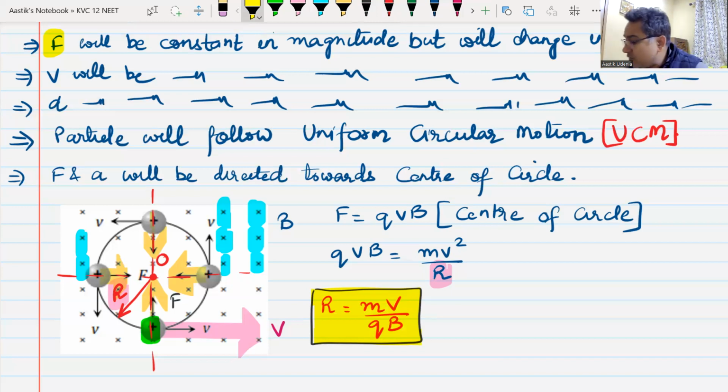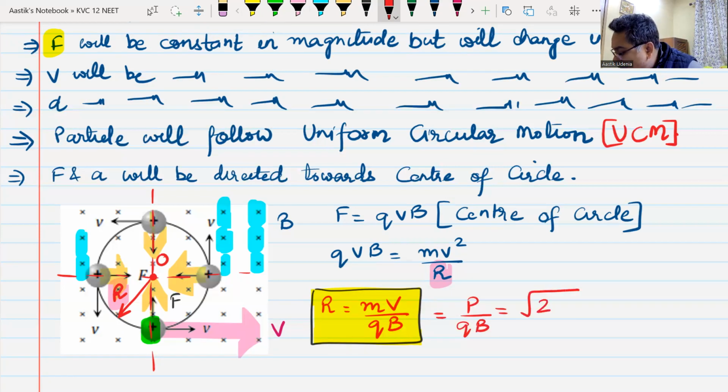You can write this formula in different ways. This is also equal to p divided by qb. P here is the momentum, my dear friends. That will be equal to root over 2m into k, where k is your kinetic energy, divided by qb.